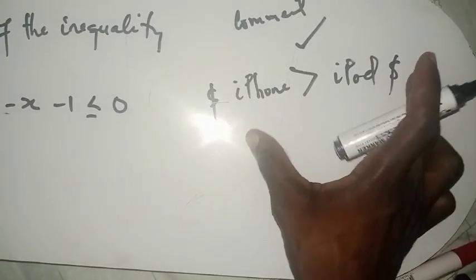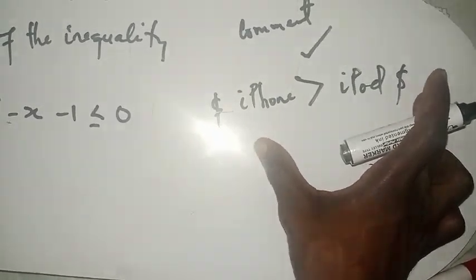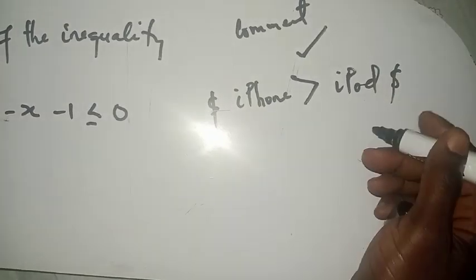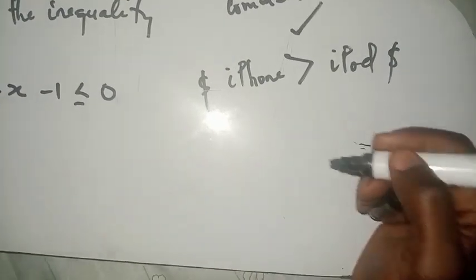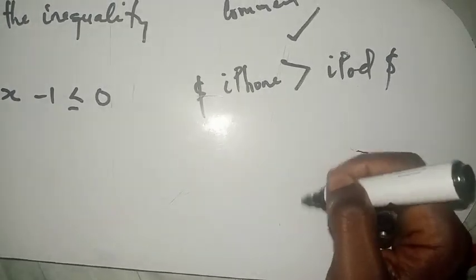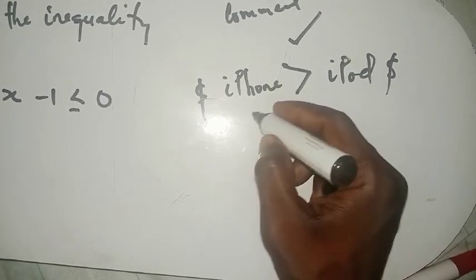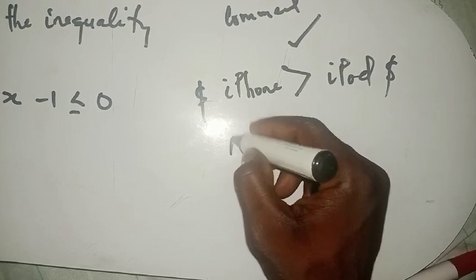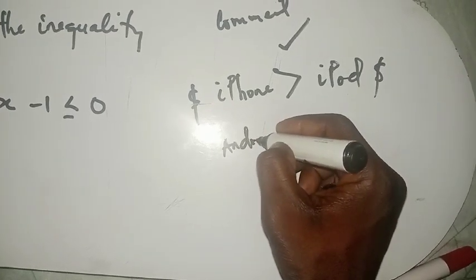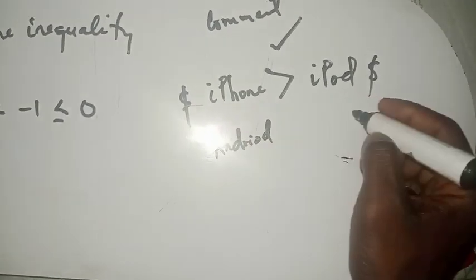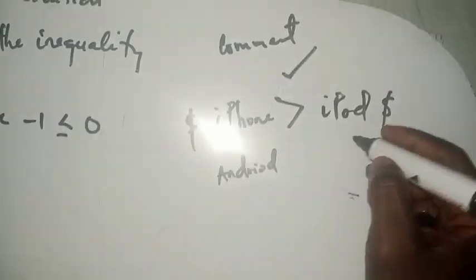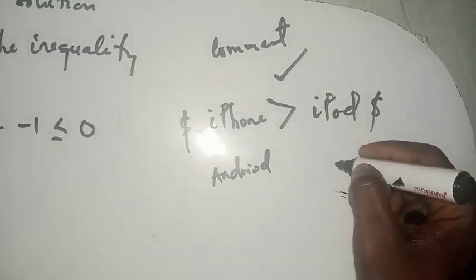Okay, now those of you who are using an Android, and this is just an example, I wish I could have your name so that I'll add you to this video. But here, what are you going to do? You just change this one to an Android, and then as well as what we normally call an iPod, or maybe it should be earpin.